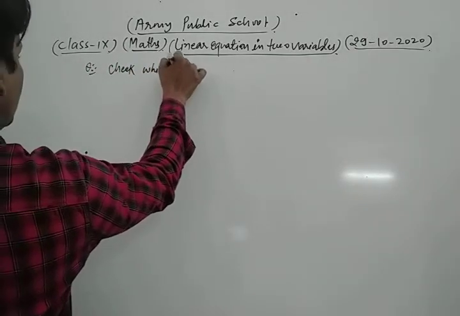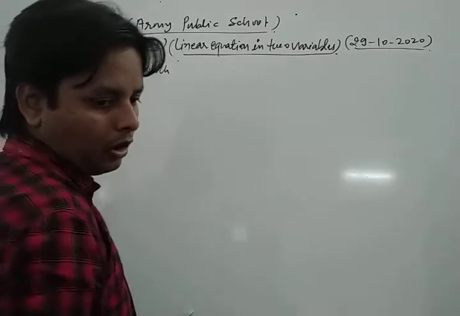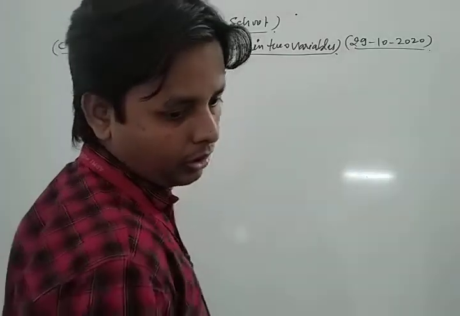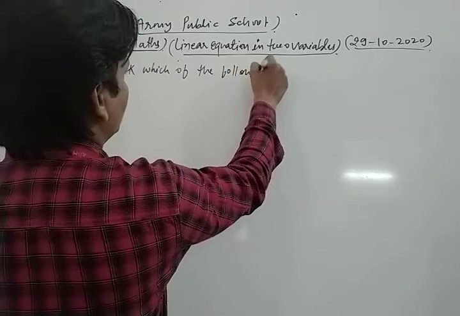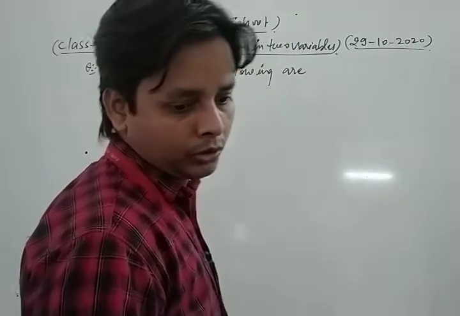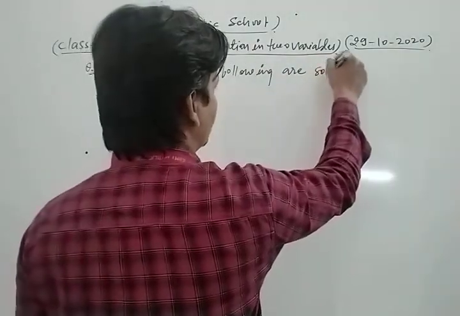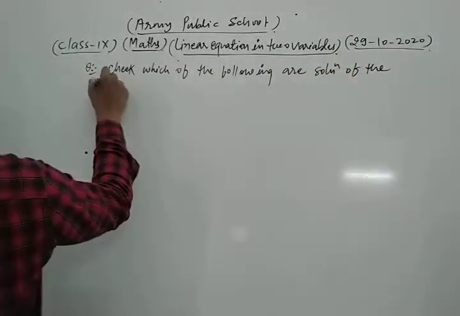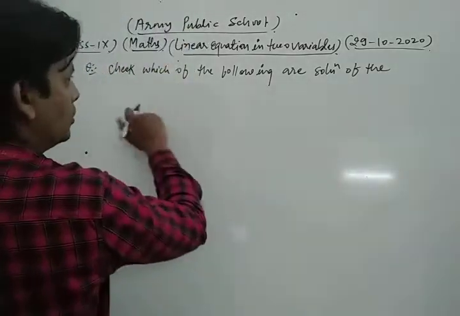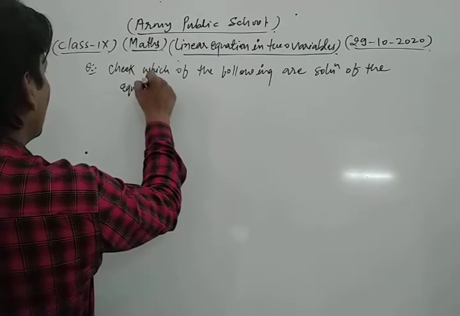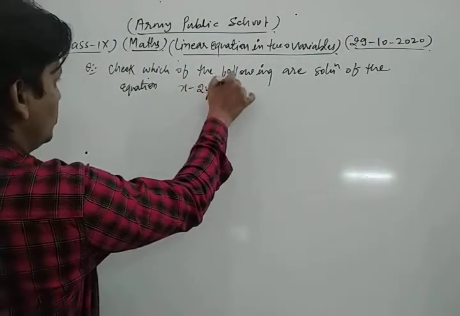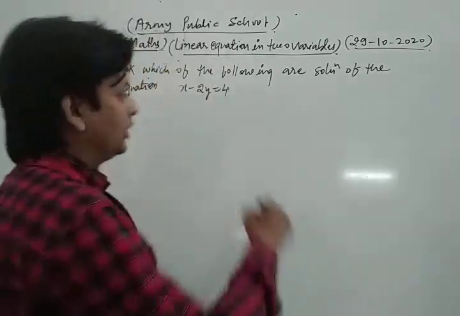check which of the following are solutions of the equation x minus 2y is equal to 4, and which are not.